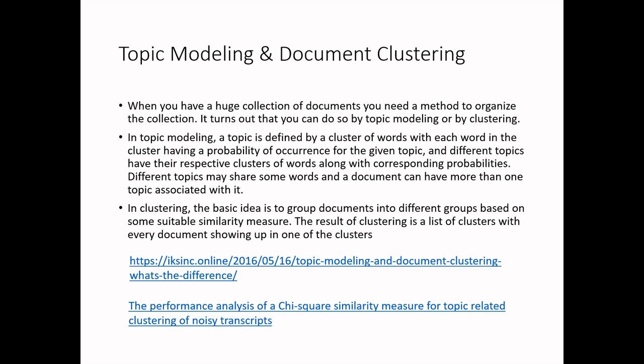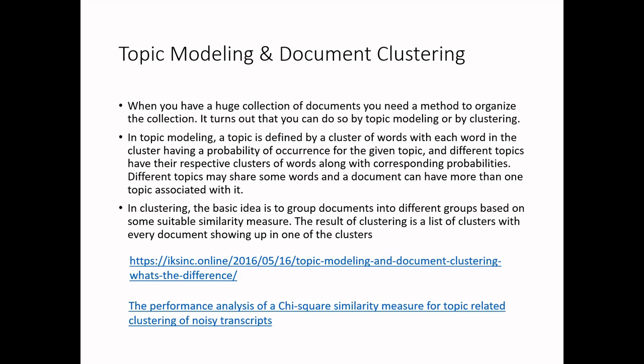In topic modeling, a topic is defined by a cluster of words, with each word in the cluster having a probability of occurrence for the given topic. Different topics have their respective clusters of words along with corresponding probabilities. Different topics may share some words, and a document can have more than one topic associated with it.